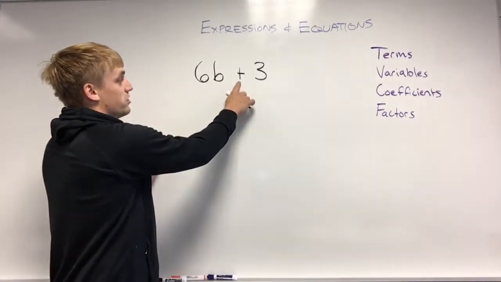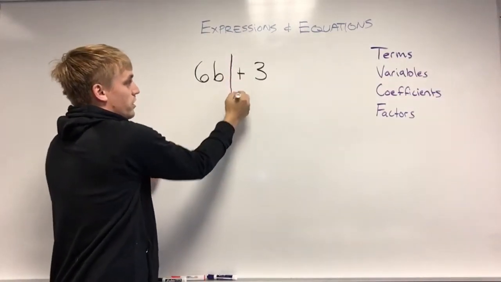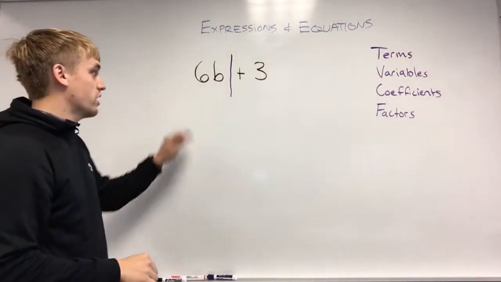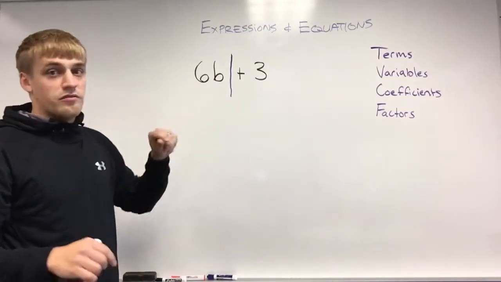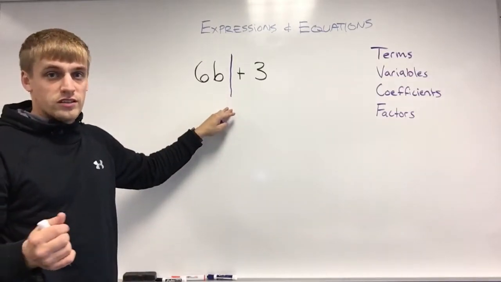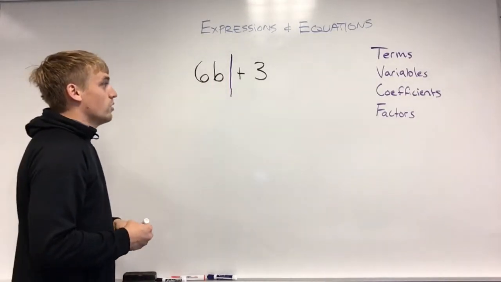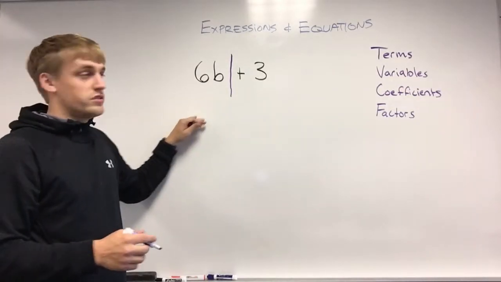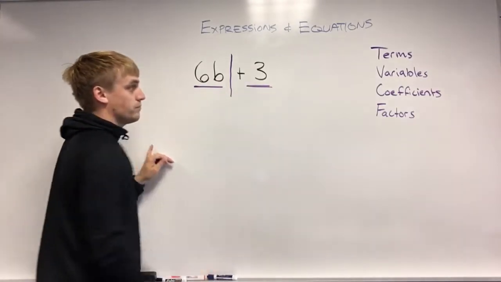So my addition sign is right here, and I always draw my line right in front of that addition sign. So whenever I see an expression, the first thing I do is I separate the expression into terms by finding the addition or subtraction signs and drawing a line between them. Okay? Well, what we've done is that we have actually separated it into its terms. This is a term, and this is a term.